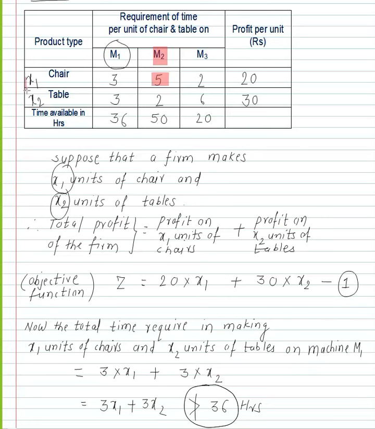So x1 chairs will require 5 into x1 hours.